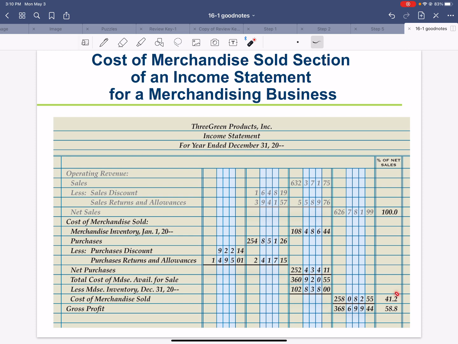And again, when we figure out our percent of net sales, we would take this number here divided by that number to come up with that. Same thing with our gross profit. We take that number, divide it by that number, and we'll come up with 58.8%. So 58.8% of every dollar is your gross profit.